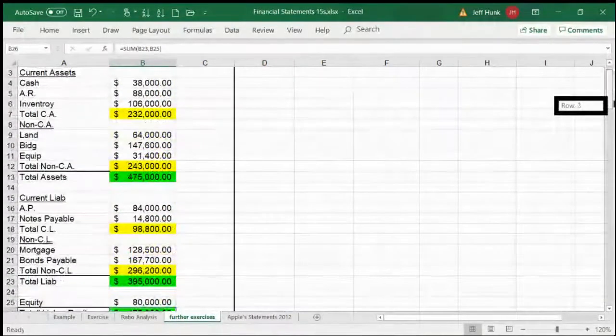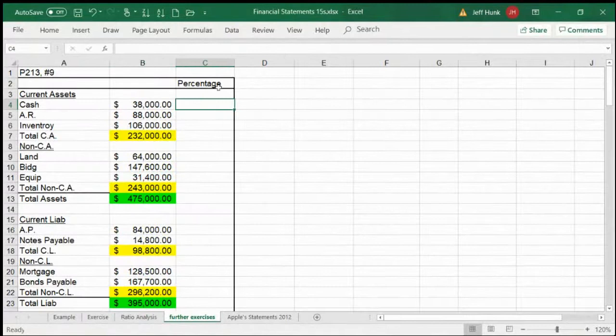So next, we must express this as a percentage, right? Percentage of what? The percentage of the total assets. So we're going to divide it by this, total assets, not total current assets.